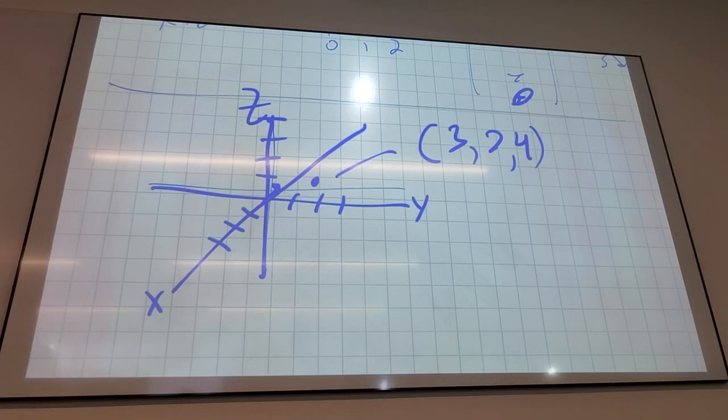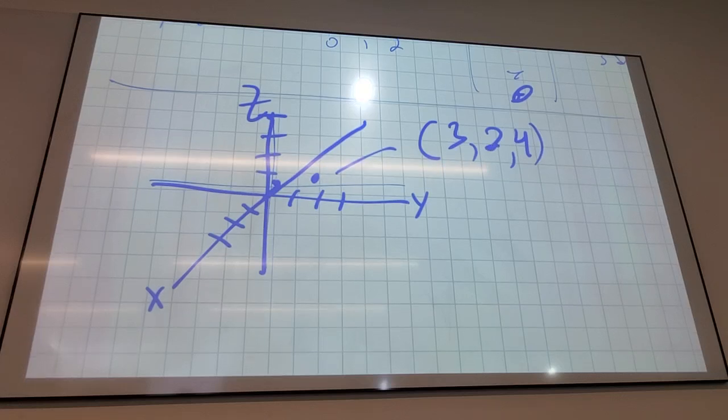What would the projection of that point be in the xy plane? If I shone a light directly perpendicular to the xy plane, where would the shadow be in the xy plane? 3, 2, 0. Yes?